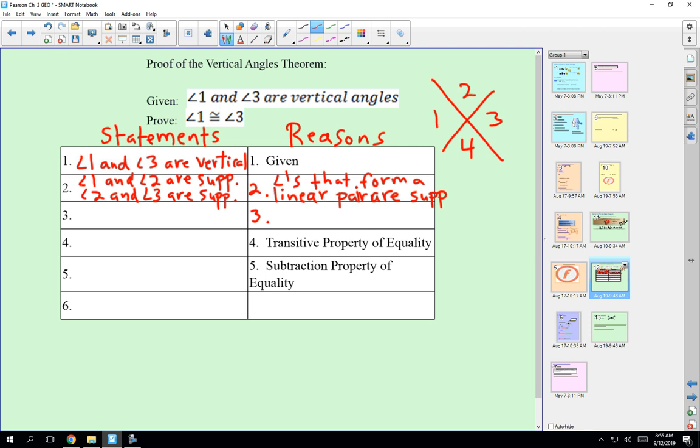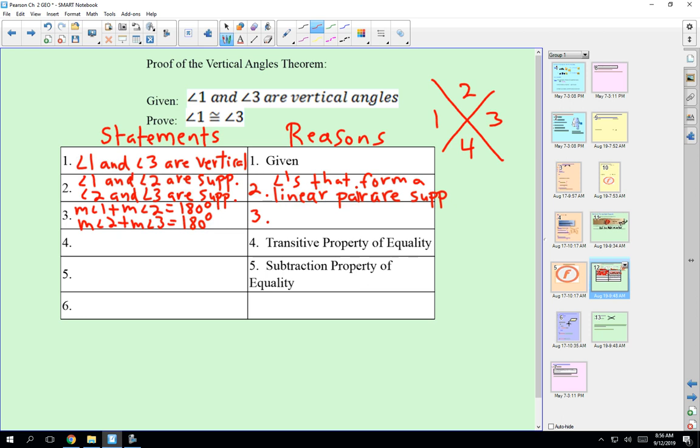And then in the next one, we're going to say measure of angle 1 plus measure of angle 2 equals 180 degrees. And measure of angle 2 plus measure of angle 3 equals 180 degrees. And that's just by definition of supplementary.